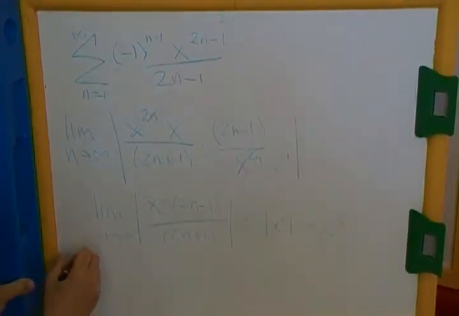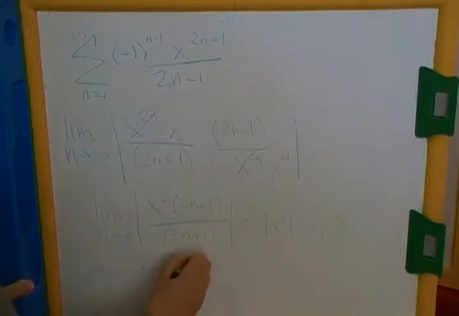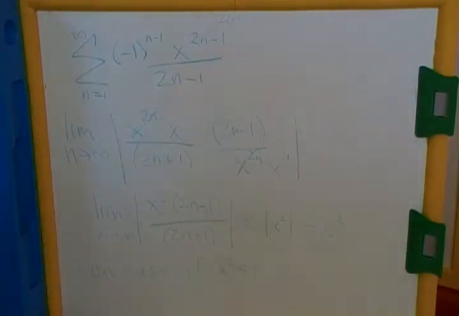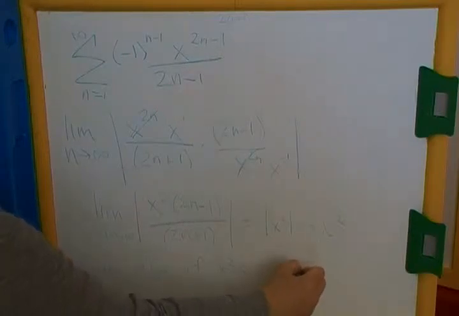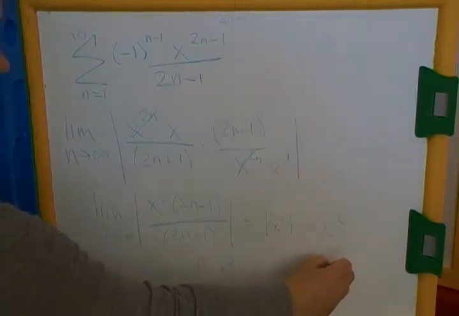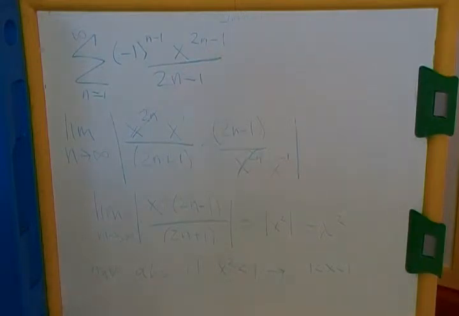So this will converge absolutely if x squared is less than 1. So what values are those? Well, that's the same thing as all values between -1 and 1, right?